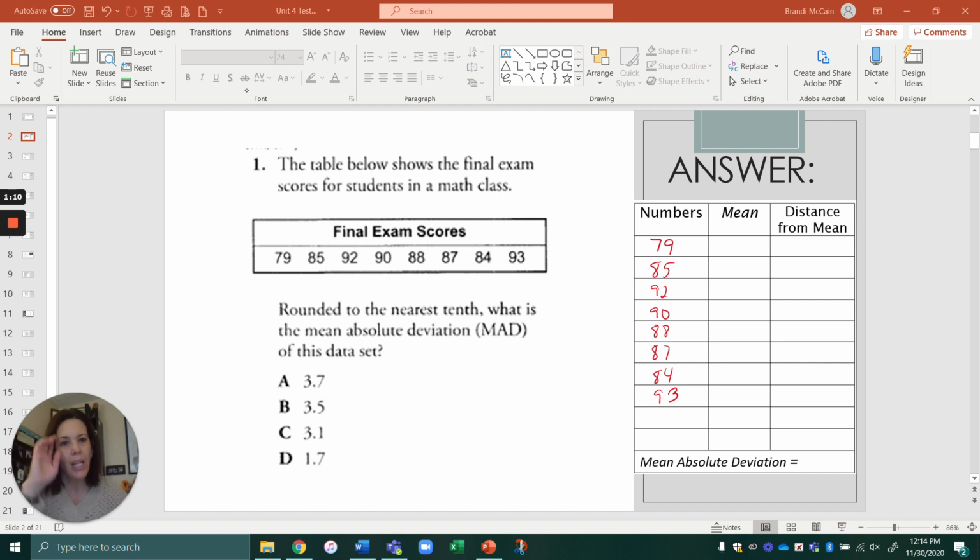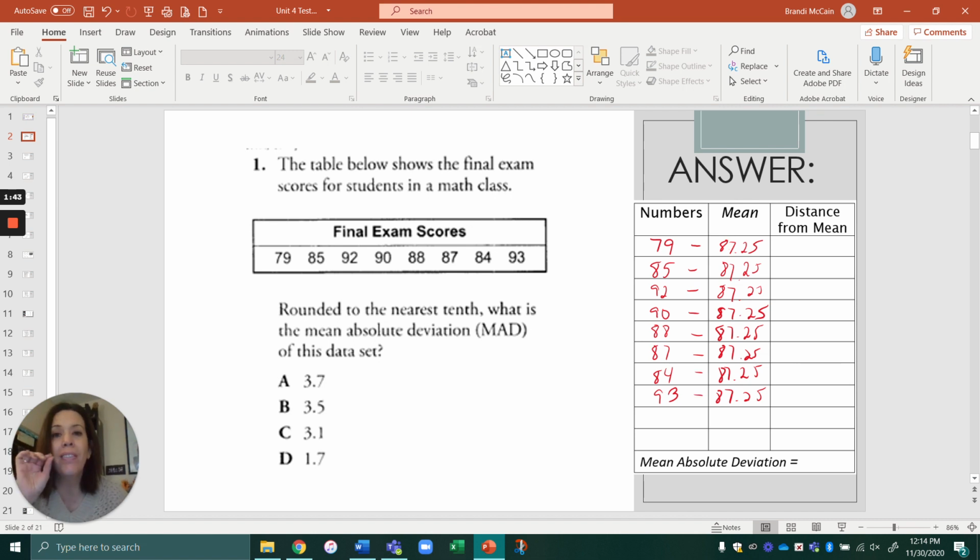So my mean is 87.25, and I write 87.25 all the way down this column to the bottom of your numbers. Then you subtract: 79 minus 87.25, 85 minus 87.25, 92, 90, 88, 87. Subtract all those.